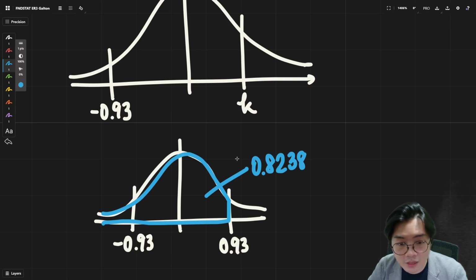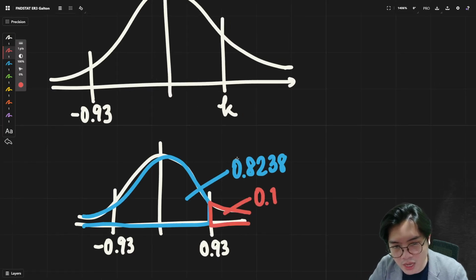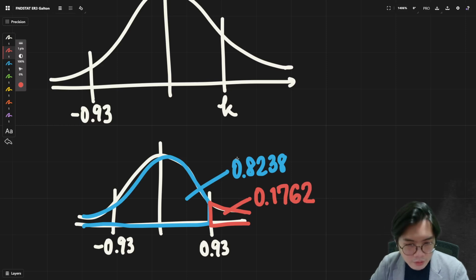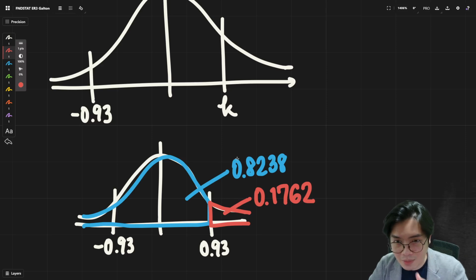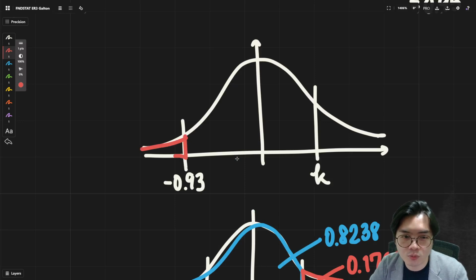So via the law of inverses, we know that the area that's remaining is 0.1762. That's the one, but this is not what we're looking for. Number two, they're symmetric. If you flip it like that, this one is now 0.1762.